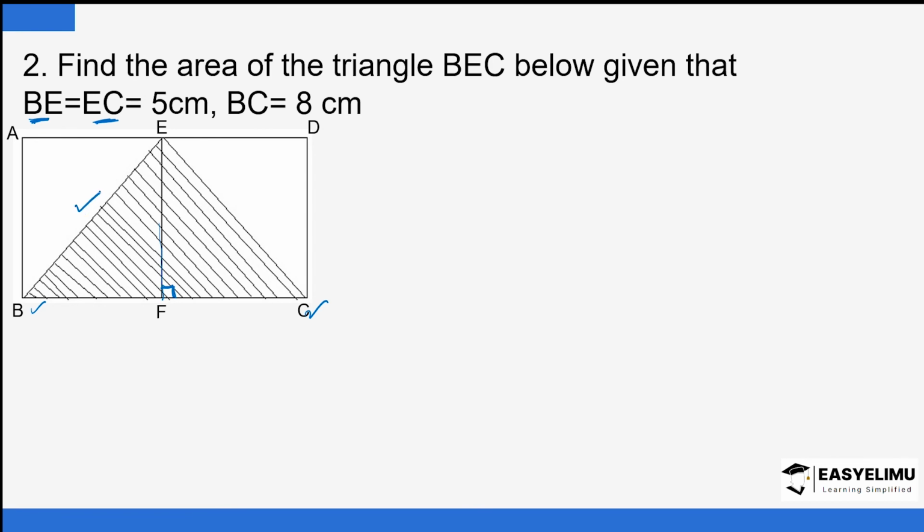So BE is equal to CE, and what are the lengths? 5 centimeters, and this other one is also 5 centimeters. And then now you have the whole of this.